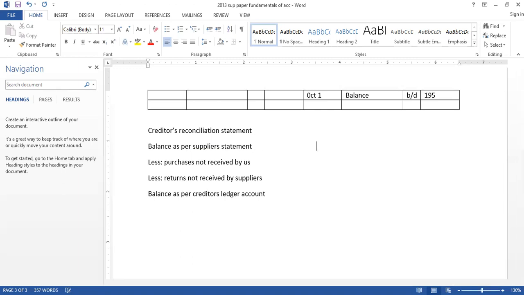Now we go to our question and record our balance as per supplier statement. Looking at the information that you are given, the balance as per supplier statement is 280.